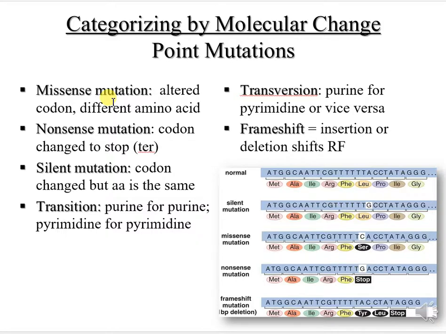Those are missense mutations. Nonsense mutations, I remember them because they're just a bunch of nonsense to me, right? These are also substitution of one base pair, but instead of substituting one amino acid for another, you're changing the codon so that it codes for a stop codon.